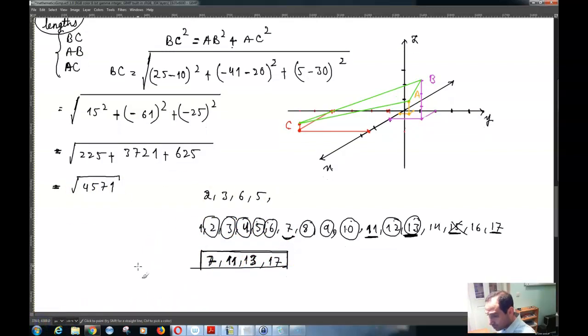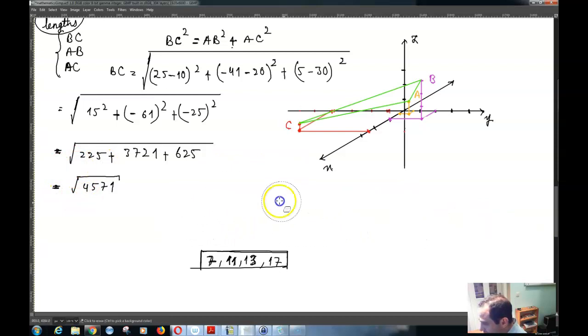Okay, so if we want to simplify the square root of this number, we need to factorize it, and to factorize it you need to know by what number it is divisible.